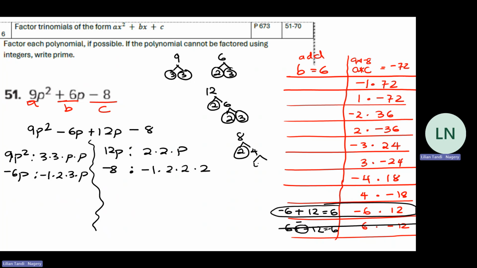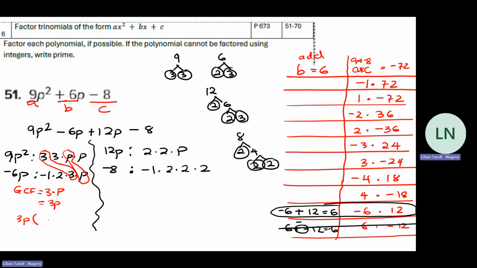Break down 4, 2 times 2. Okay? Now find your common factors. Here your common factor is 3 and P. So your greatest common factor is 3 times P, which is 3P.